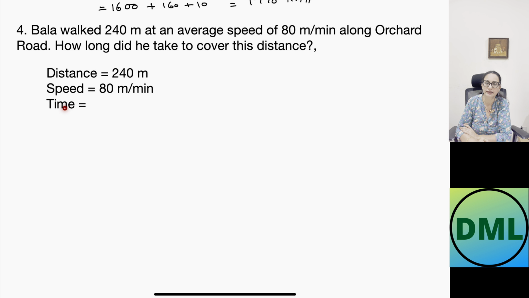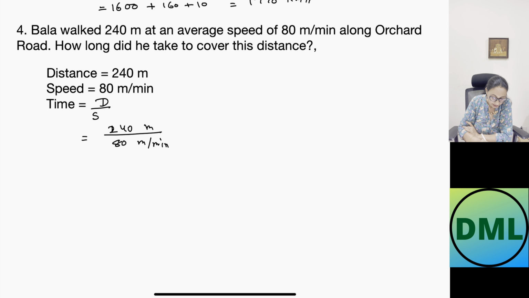I need to calculate the time. Time will be given as distance over speed. Let's write down here: time will be written as distance over speed, which will be distance 240 meters divided by speed 80 meters per minute. 0 gets cancelled with 0 here. That will be equal to 24 divided by 8.